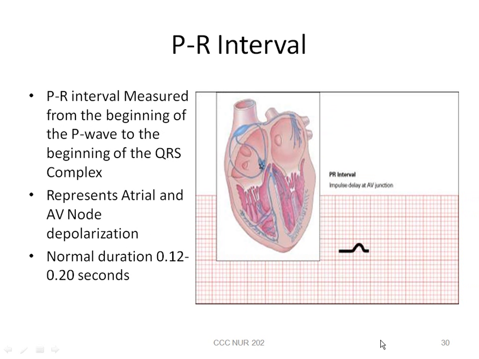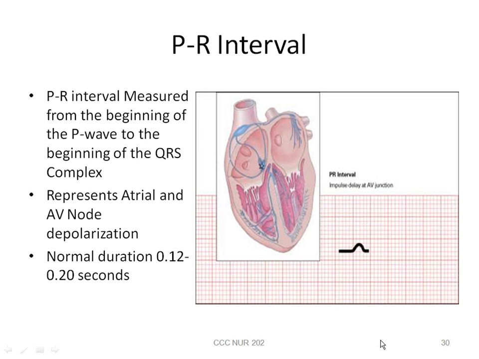The PR interval is measured from the beginning of the P wave to the beginning of the QRS complex. It represents the time it takes for the atrial and AV node depolarization. Really, it's that electrical activity traveling from the SA node down through that AV node, okay?